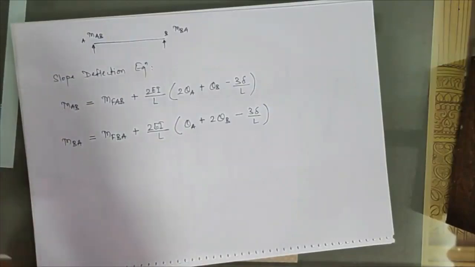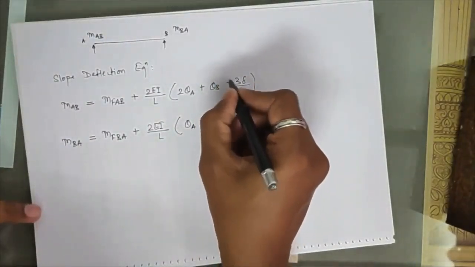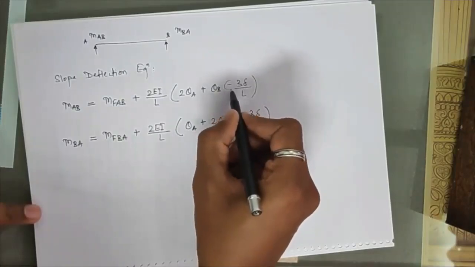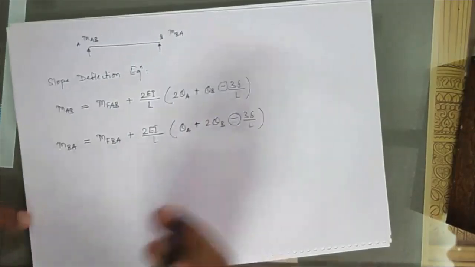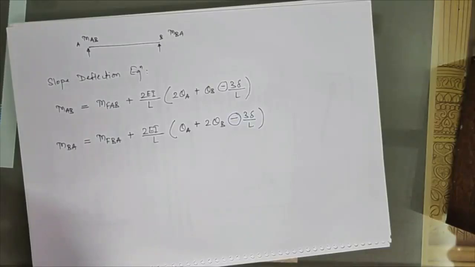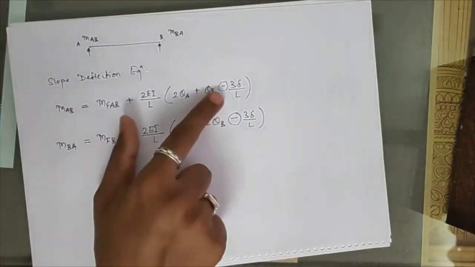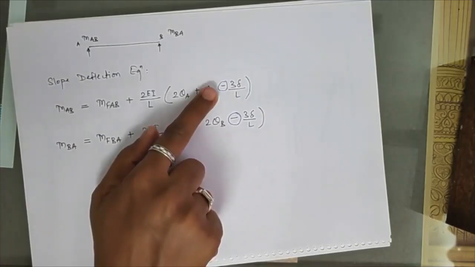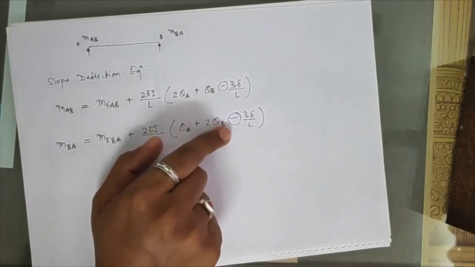Here we were having a plus or minus sign, right? But here I am just considering initially the negative sign. Depending on sign conventions, this sign will vary, that is, sometimes it will come positive or sometimes negative.